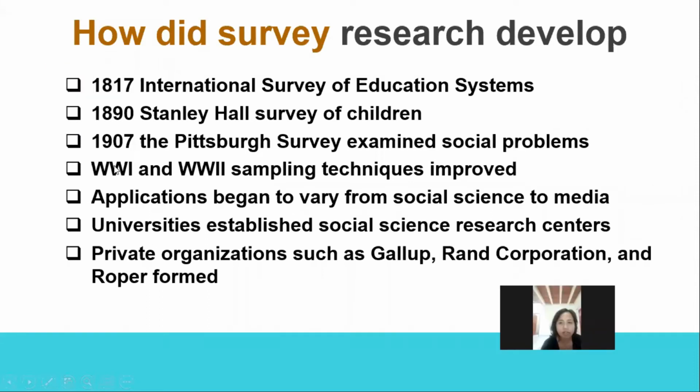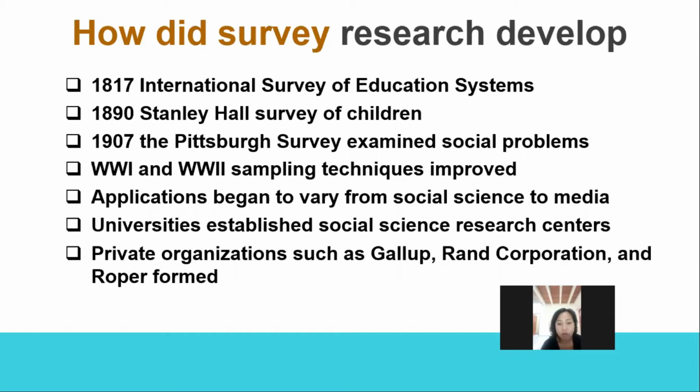So next, how did survey research develop? Survey research developed from the year 1817 with the International Survey of Education System, and then in 1890 with Stanley Hall's Survey of Children, and in 1907 with the Pittsburgh Survey, which examined social problems.